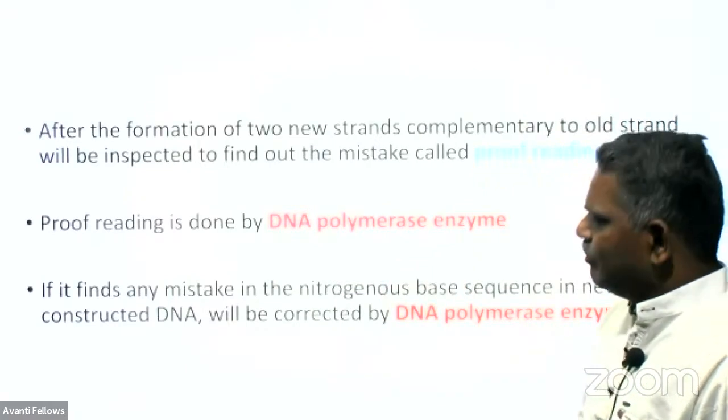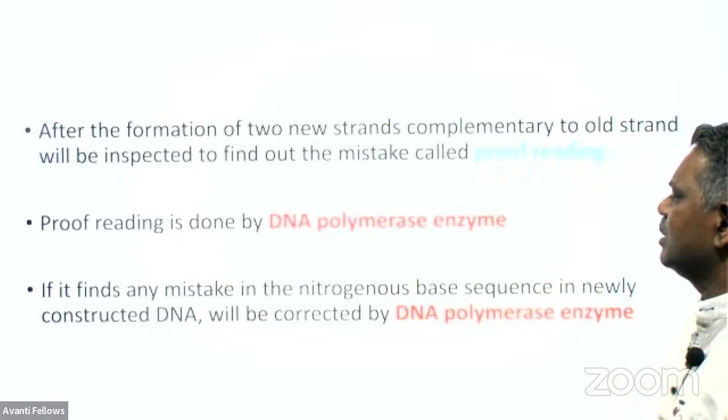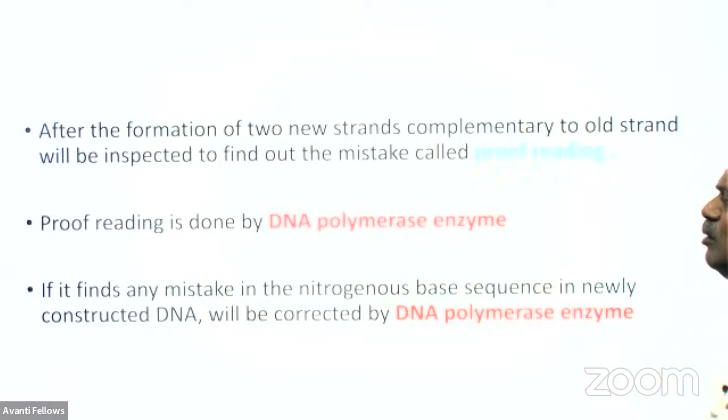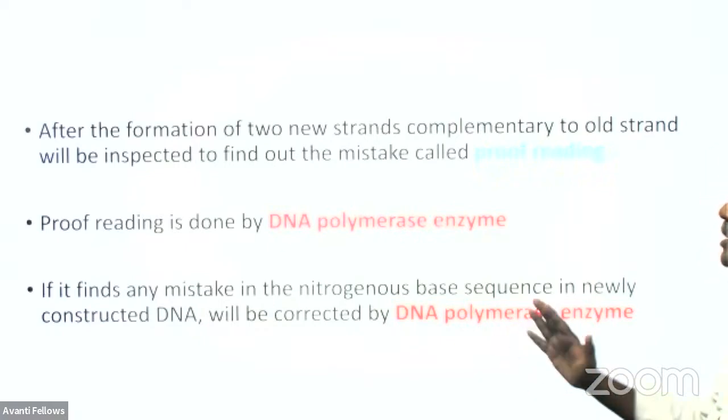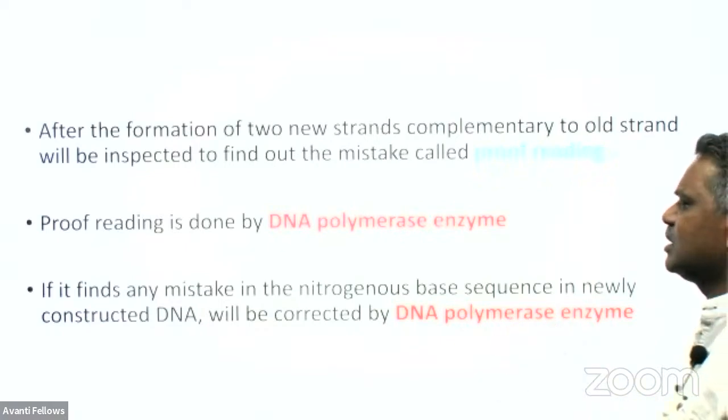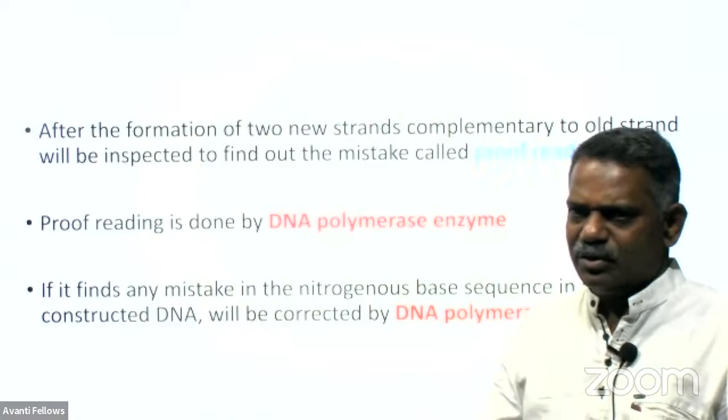And proofreading is also done by the DNA polymerase enzyme only. If it finds any kind of mistake in the nitrogenous base sequence in the newly constructed DNA, it will be corrected by the same DNA polymerase enzyme. So it has the dual function.